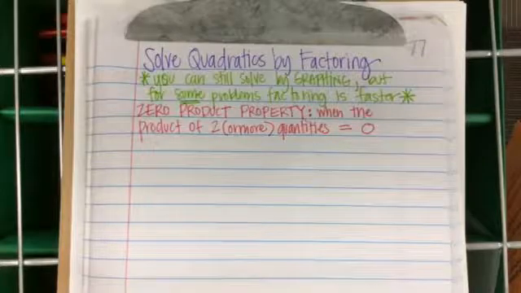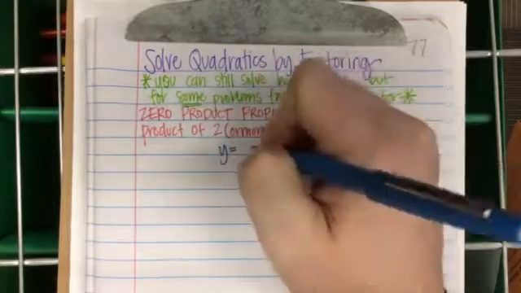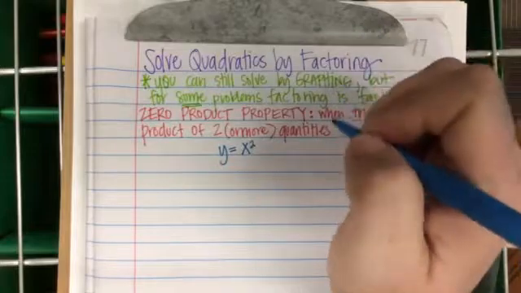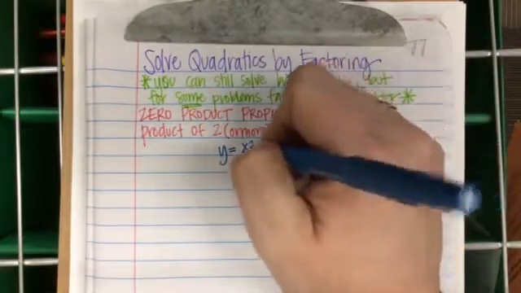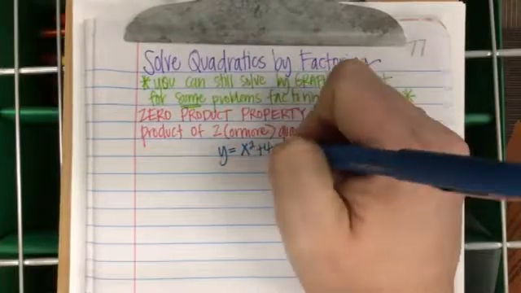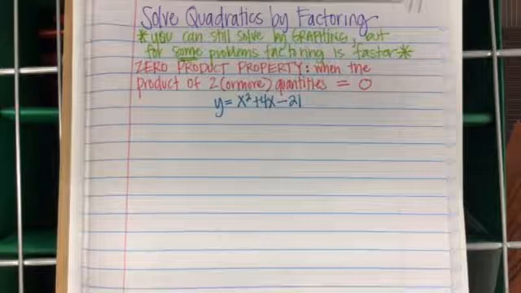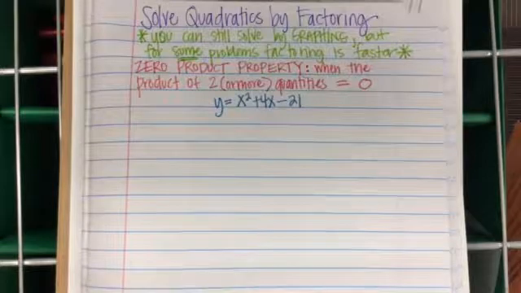So let's go easy to begin with. Are you ready? If I had the quadratic y equals x squared plus 4x minus 21, you could totally graph that.